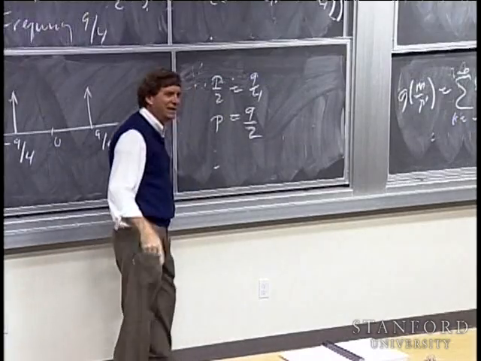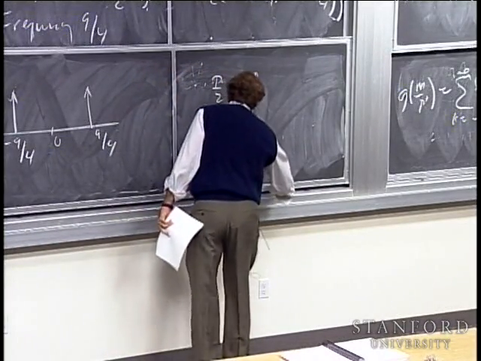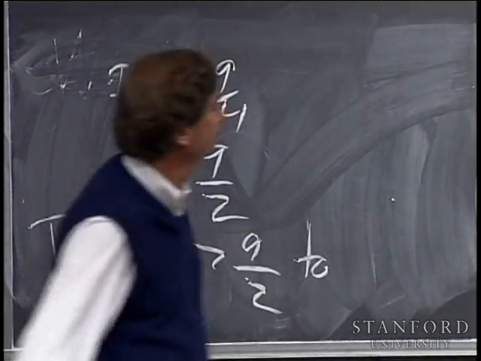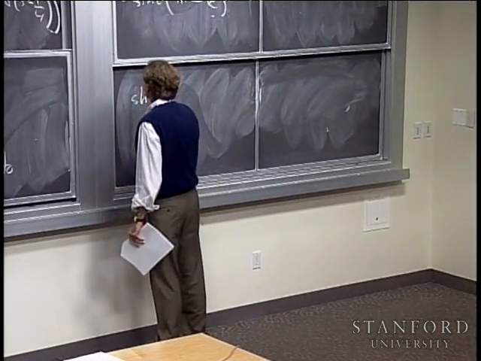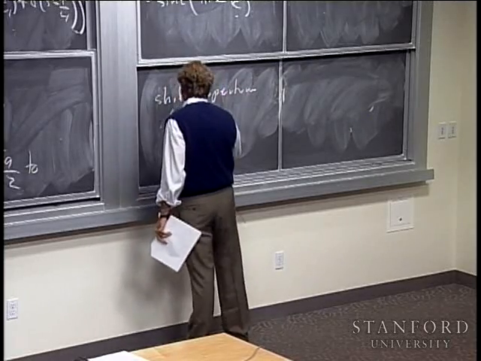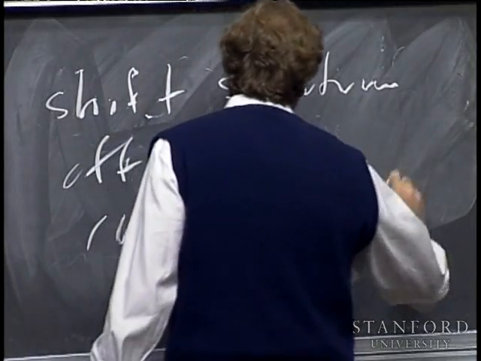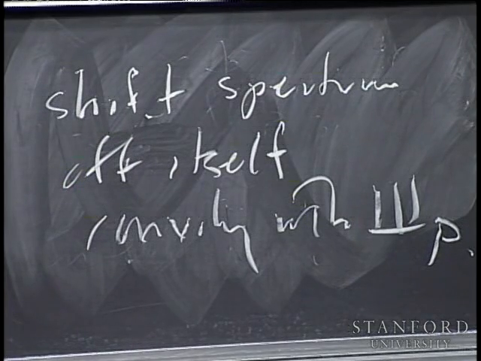But again, you want to take p anything bigger than that to shift the spectrum off itself, convolving with the Shah function of spacing p. Again, there's some more to say here at the endpoints, but never mind that right now.